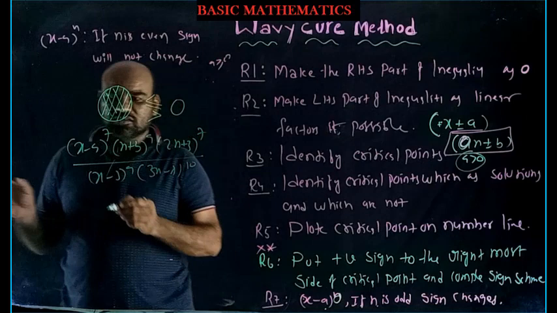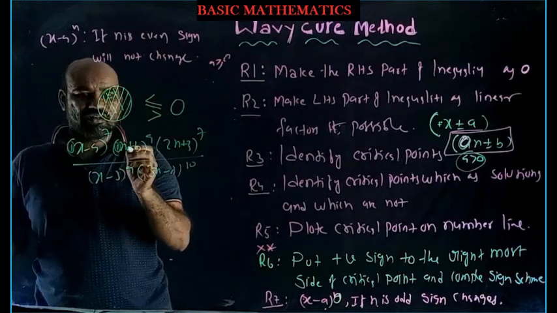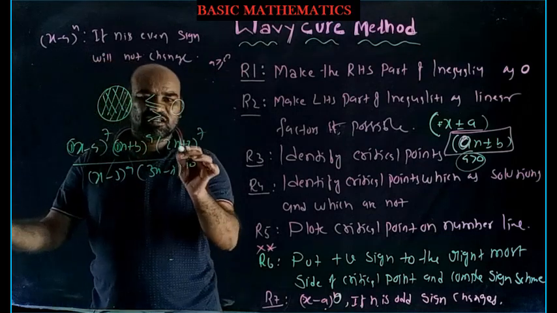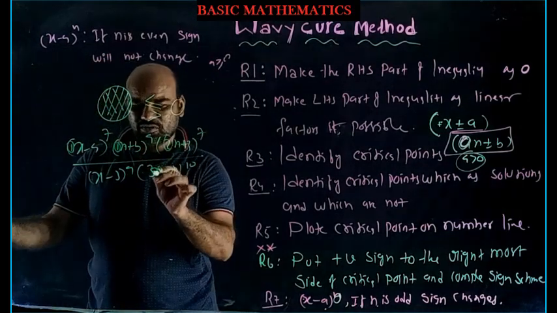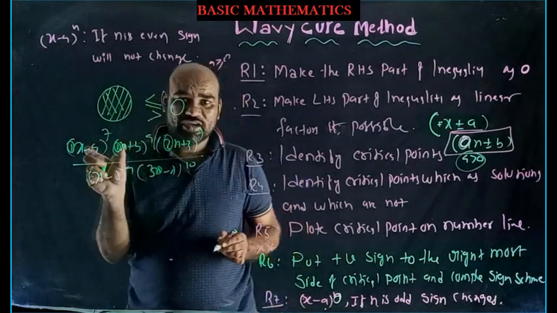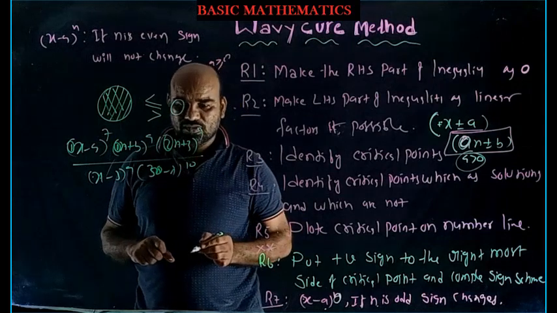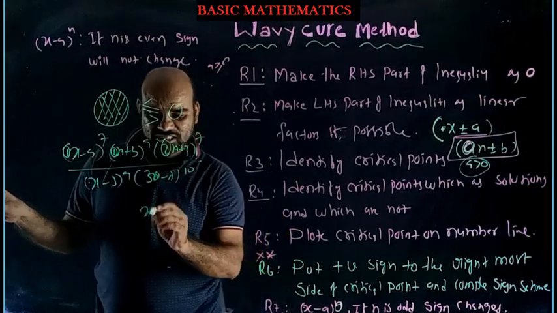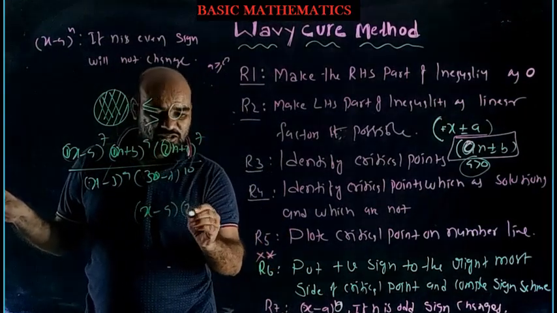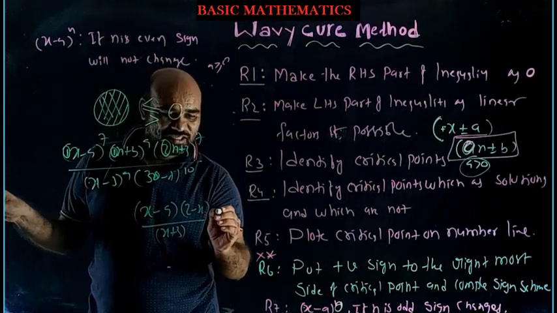Okay. The x coefficient should be positive. So here we will get linear factors; the x coefficient should be positive. For example, a problem is given like this: (x minus a) into (2 minus x) by (x plus 3) is less than 0.